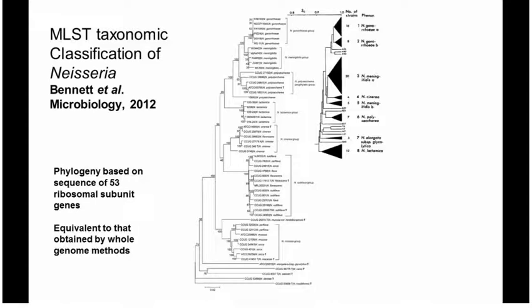So how does this shape up? Are we getting the same phylogenetic tree here? Neisseria gonorrhoeae, they're together, that's okay. Same here. The meningitis group, all together. Then you've got lactamica over here, cinerea over here. That's not the same, is it? Because here you've got cinerea, phenotypically, in amongst the meningitis group, whereas in the molecular phylogeny they're apart.